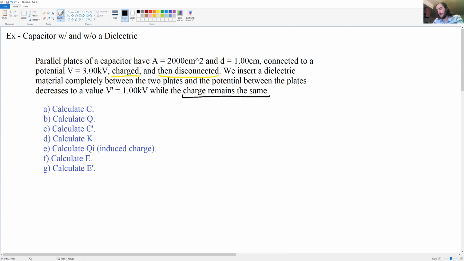Okay. So why don't you guys tell me what I should do in order to calculate the capacitance? Let's try to get everyone involved here. What should we do to calculate the capacitance of this capacitor when we're given the area of the plates and the distance between the plates, and we're interested in the capacitance when there's no material between the plates?